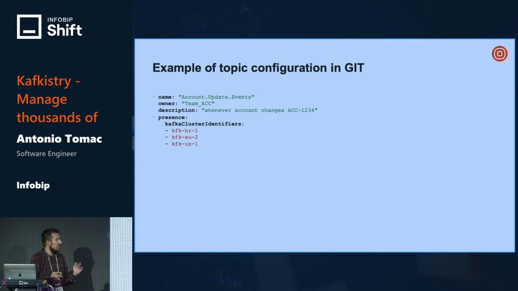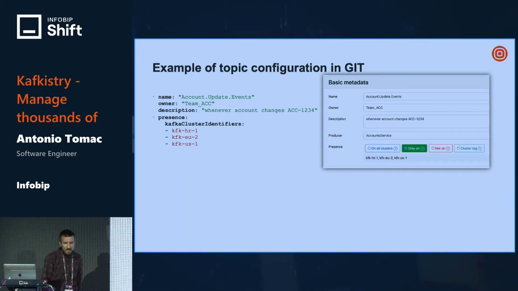By where, I mean on which clusters. In contrast, there is a corresponding UI input where this data is inserted. We do the writes through the UI, and we don't actually type those YAML files manually.